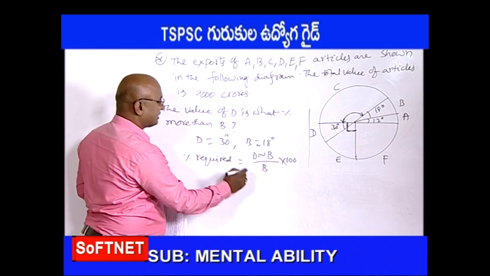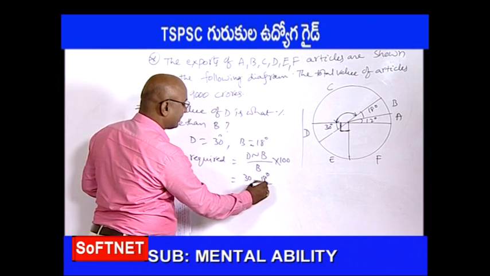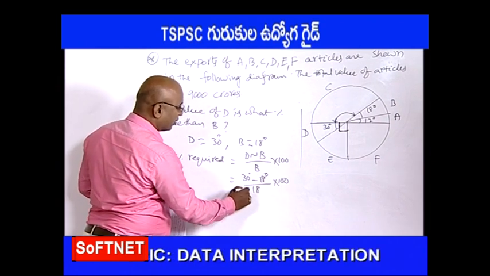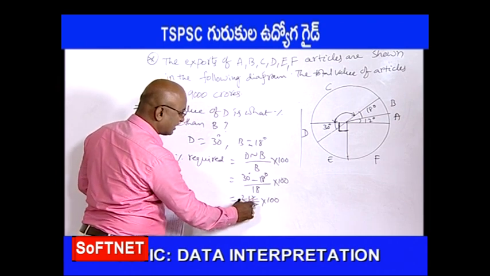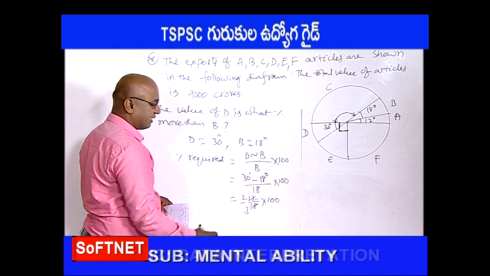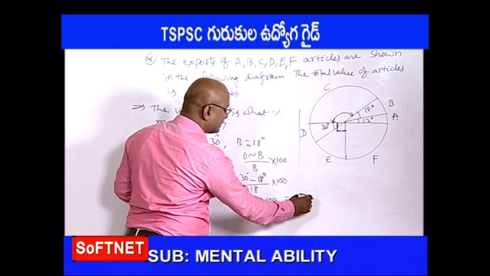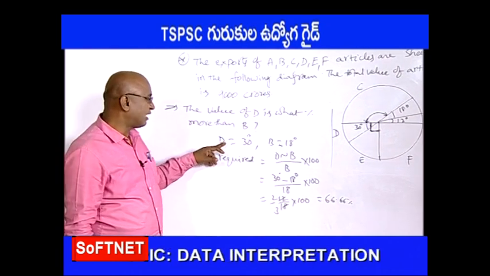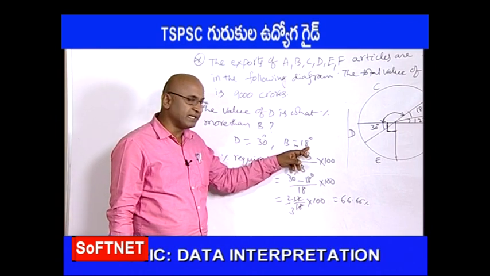So D value 30 degrees minus B value 18 degrees, by B which is 18, into 100. So 30 minus 18 is equal to 12. 12 by 18 into 100. 6 2s and 6 3s, so 2 by 3. So 2/3 of 100 is equal to 66.66%. So the value of D is what percent more than B? D is equal to 30 degrees, B is equal to 18 degrees.